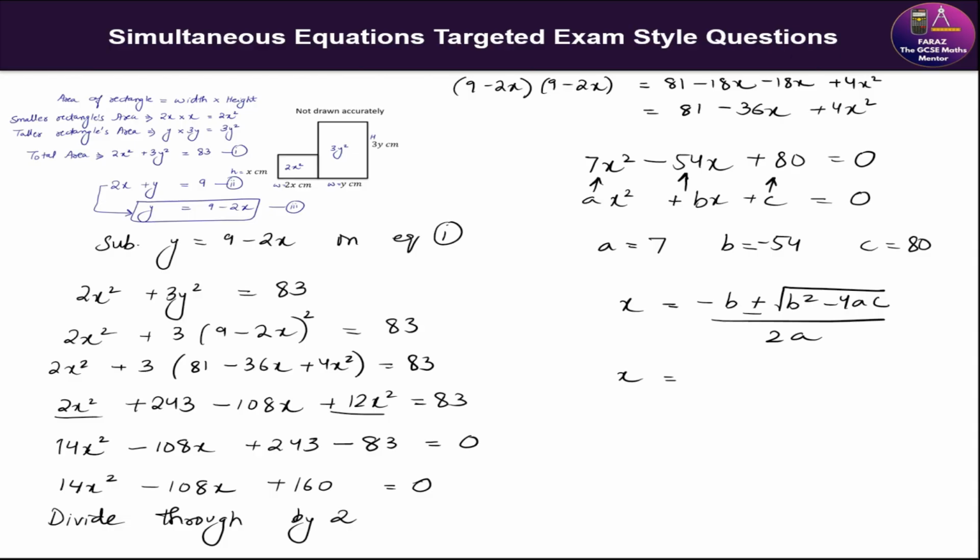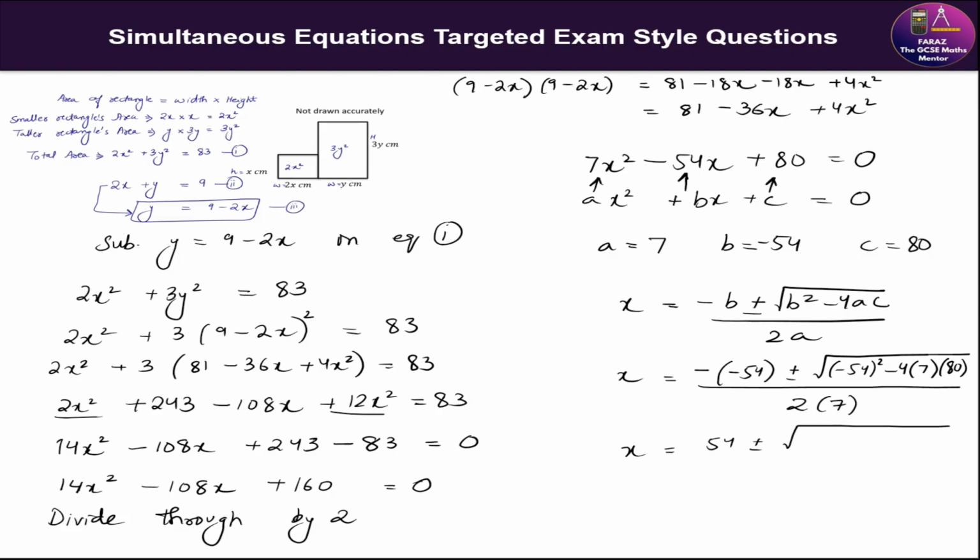Then after that step, we can substitute the values inside the formula. We already have a negative sign with b, so negative sign, then inside the bracket negative 54 plus minus square root of b square means negative 54 square minus 4. A is 7 there, and c is 80. Dividing it by 2 times 7. 2a means 2 times 7. You will have 54 there, plus minus square root of negative 54 square.